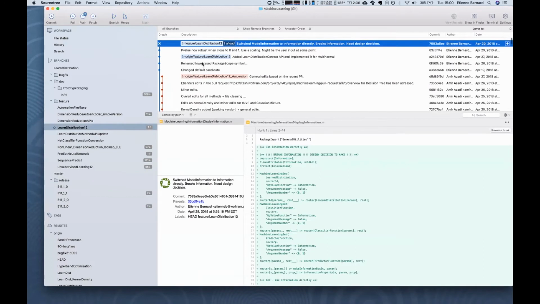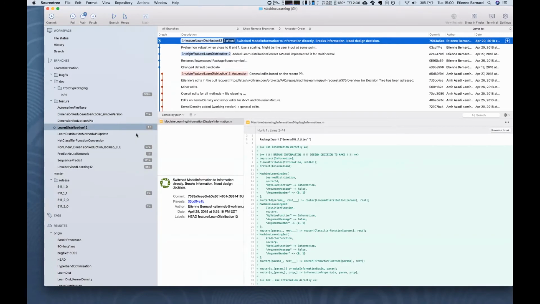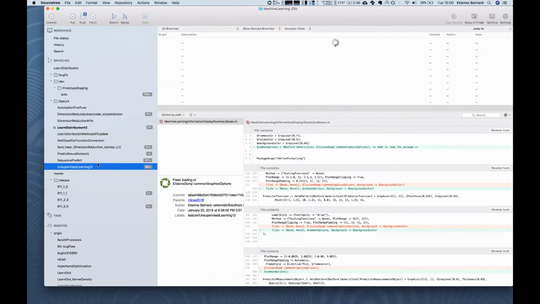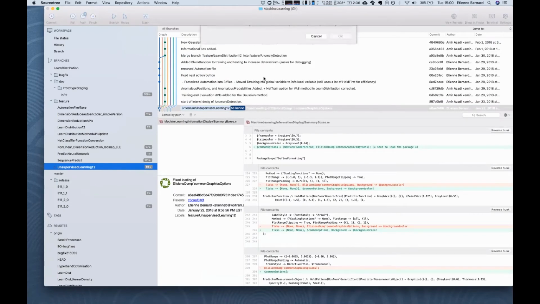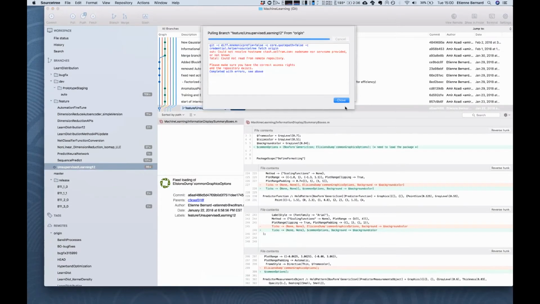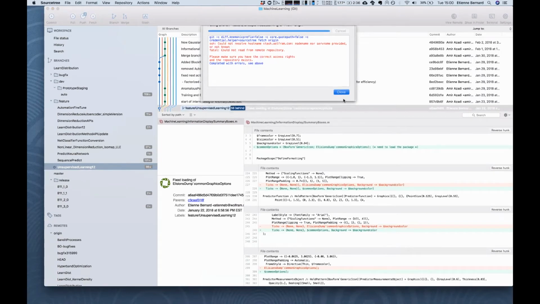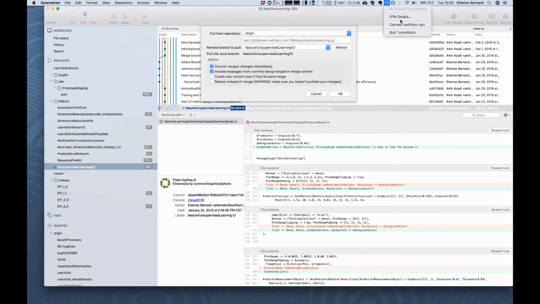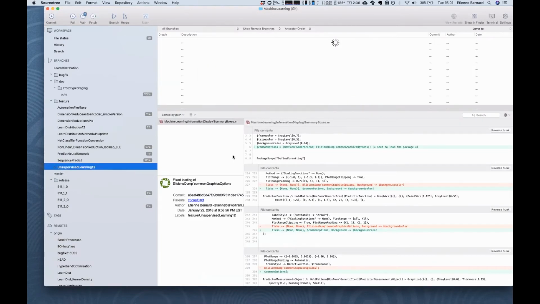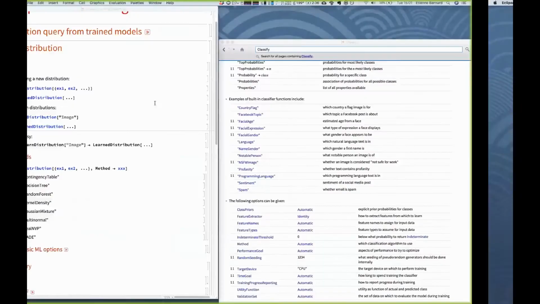Let's go back to, where is it, Amir? Is it unsupervised learning 12? That will be fine? Yes. Sorry, I have to put on the VPN. Okay, that should be a working one.